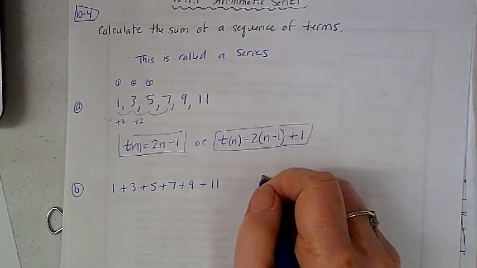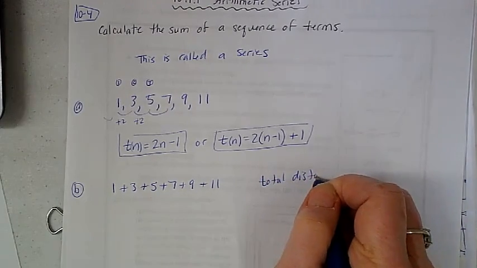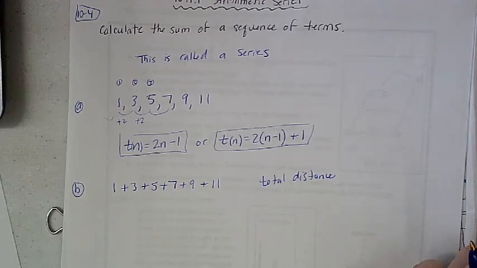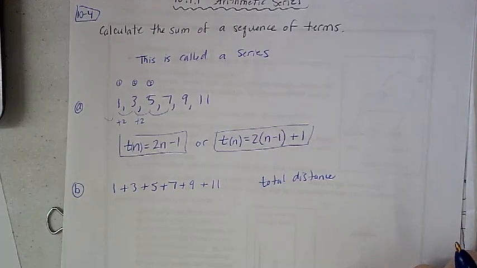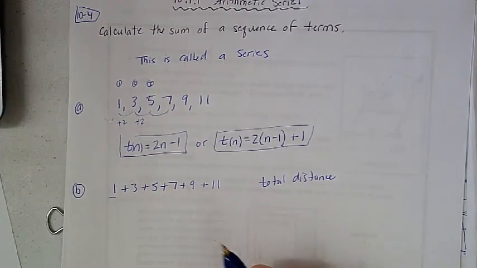So this would be the total distance of the race. Oh, this is how far she goes each second. So that was 1 meter.